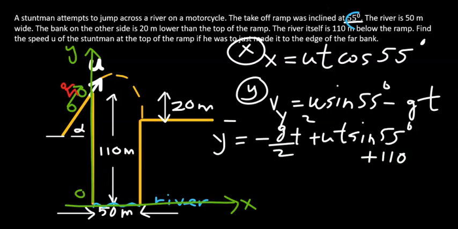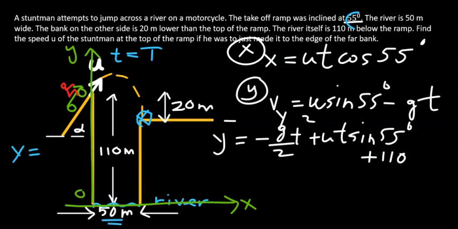Now we are ready to solve the problem. When the stuntman lands there, let's assume the time he takes is capital T seconds. And the x-coordinate of that landing point is 50 meters.